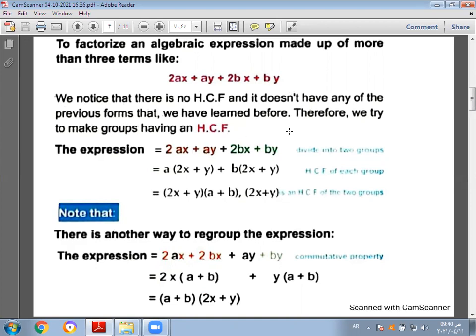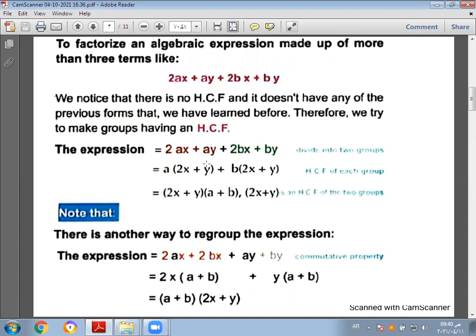Firstly, we divide all four terms into groups. We take the first term 2ax plus ay together in one bracket, and 2bx plus by together. Okay, then we take the HCF between 2ax plus ay.